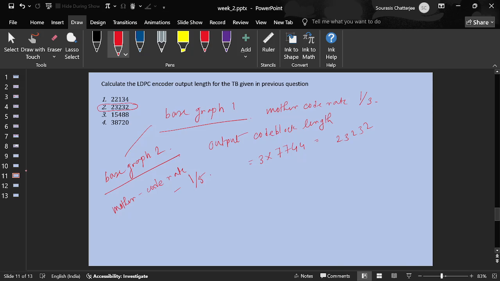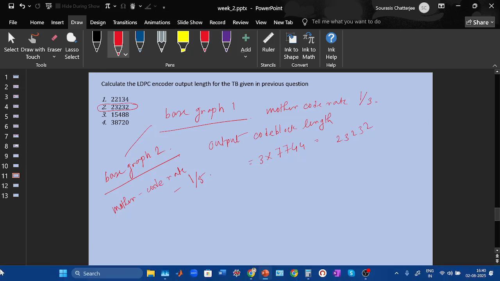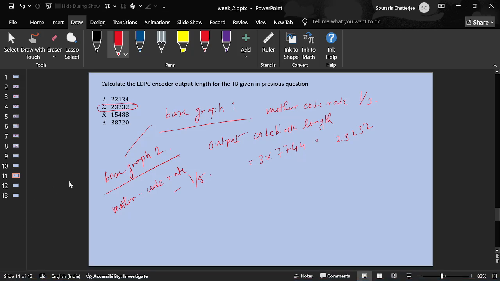Even if my transport block size remains the same, the number of code blocks is going to increase, because the maximum code block length the LDPC encoder can accommodate while implementing base graph 2 is only 3840. So accordingly it will change. This can be a good exercise for base graph 2.